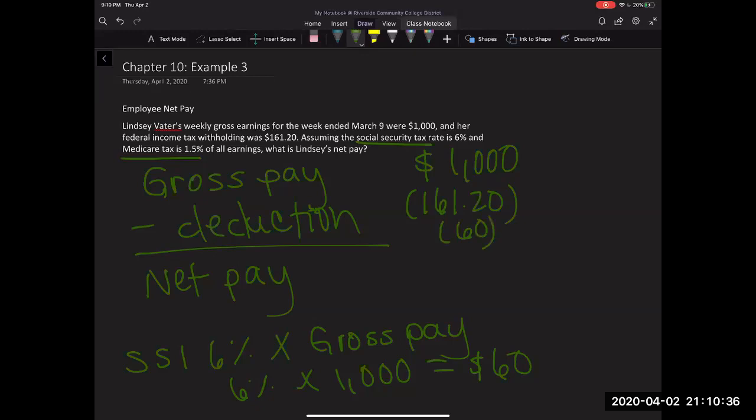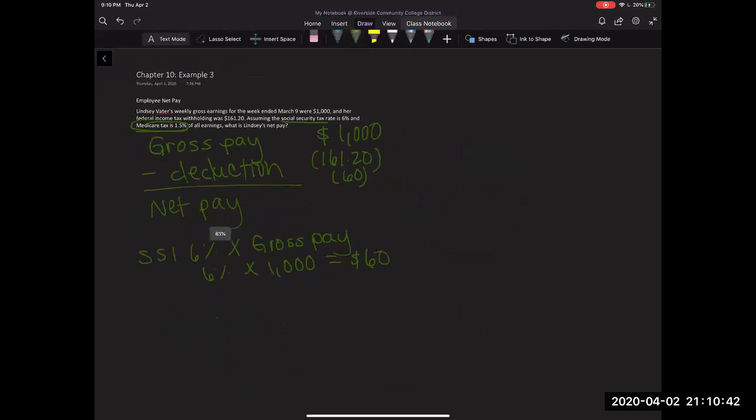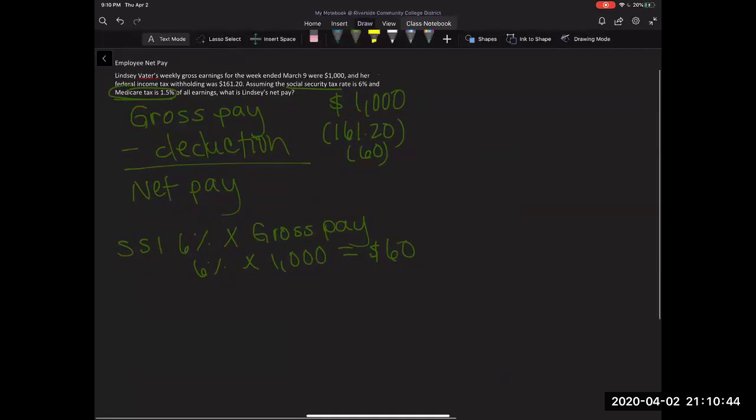But we must also calculate our Medicare tax, which is 1.5%. I'm going to make this a little bit smaller so I have space. Our Medicare tax rate is 1.5%, and that's times our gross pay, as we've seen in the prior example.